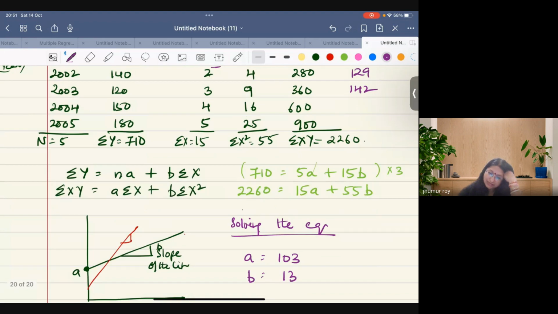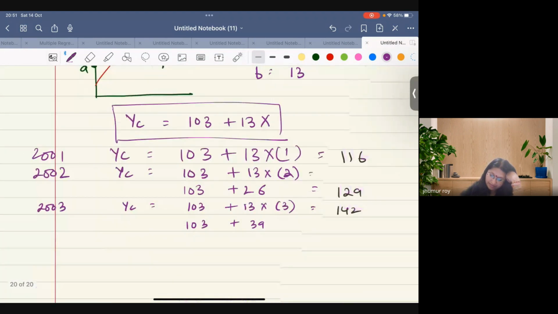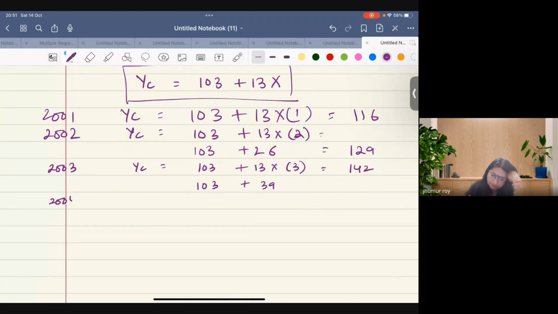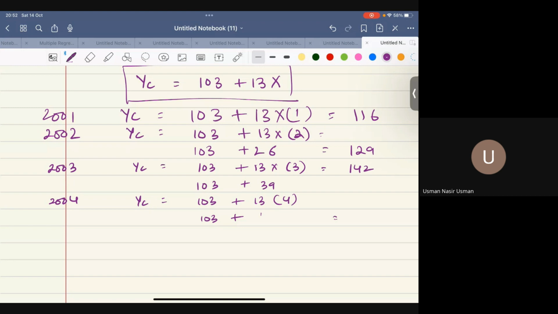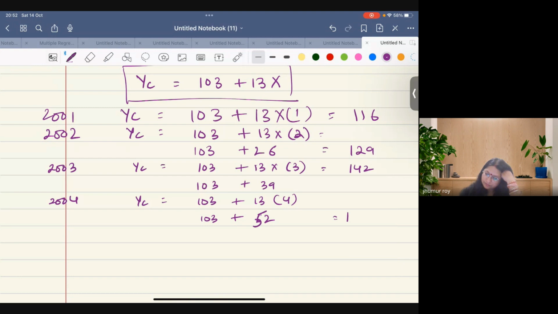Next one, can you tell me? 2004 will be YC is equal to 103 plus 13 into 4. So it will be 103 plus how much? 52. So it will be 155. Okay.